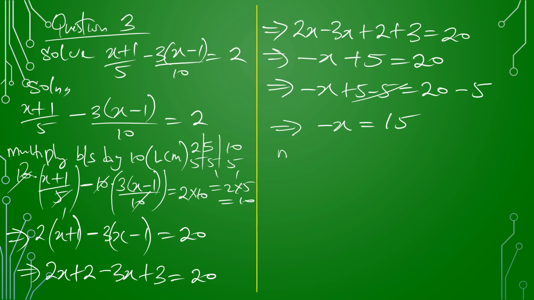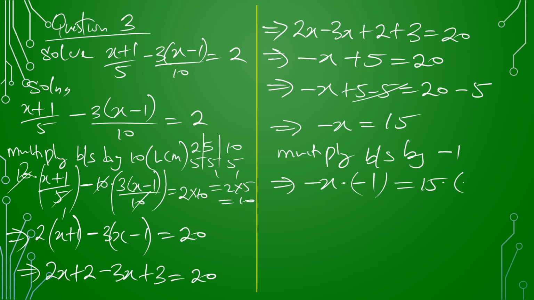Now multiply both sides by minus 1, which implies that minus x times minus 1 as equal to 15 times minus 1. This gives x as equal to minus 15. So this is our answer.